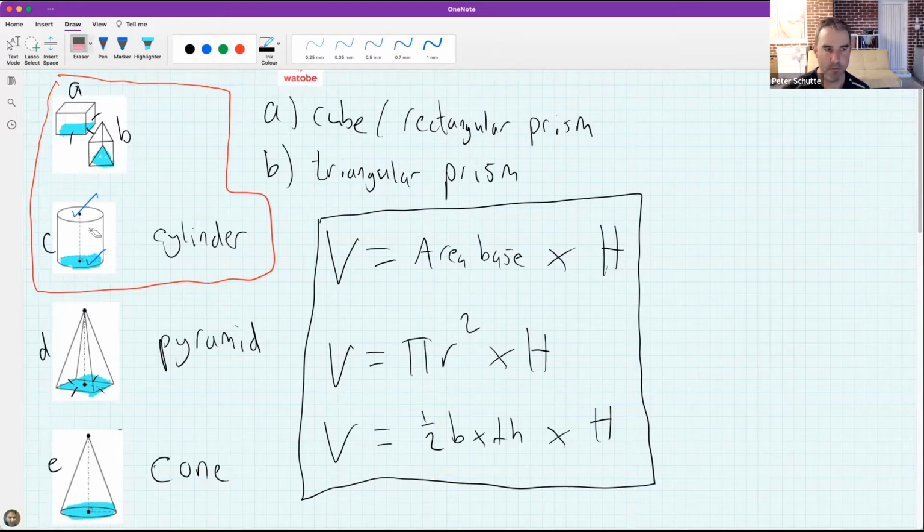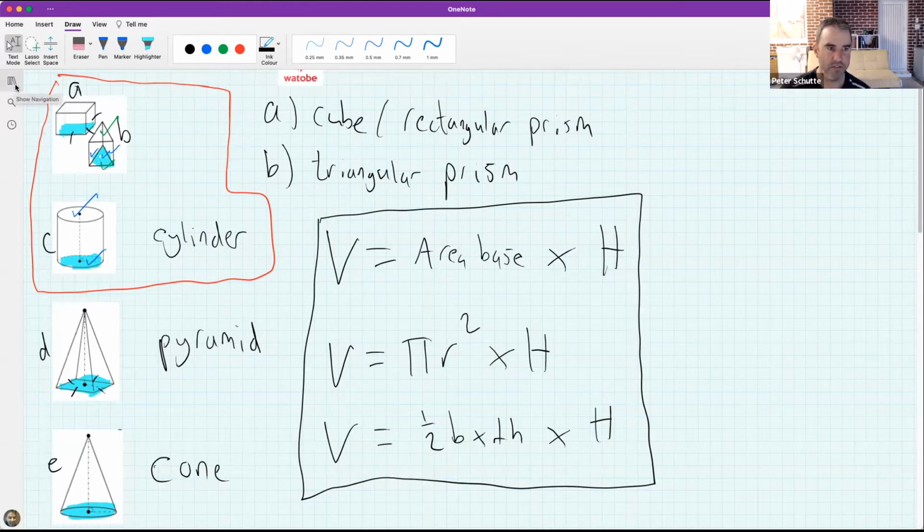So that would be the problem of the surface area. The triangular prism would have the triangle on the top and the bottom, but it would also have these rectangles around the outside that we need to think about. And then a cube is quite easy, because if it's a cube, all the surfaces are the same size, and so you would just find the area of one of the faces and then times it by 6, because there's 6 outside faces. But that will be for the second half of the lesson.